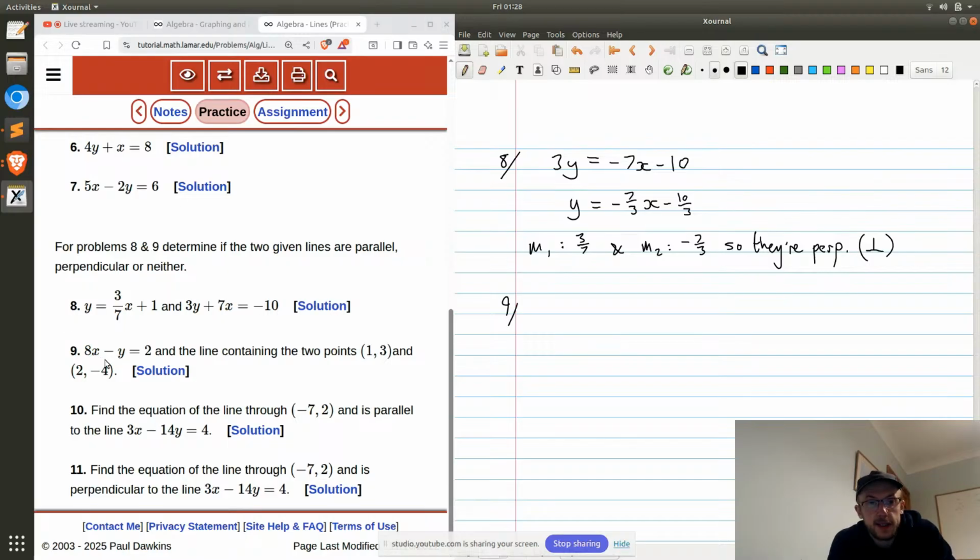Next up, 8x take y equals 2. And then we have a line containing 2 points. So we need to extract the gradient of both of these lines. I'm going to begin with the first one. I'll just write it out clearly and rearrange it.